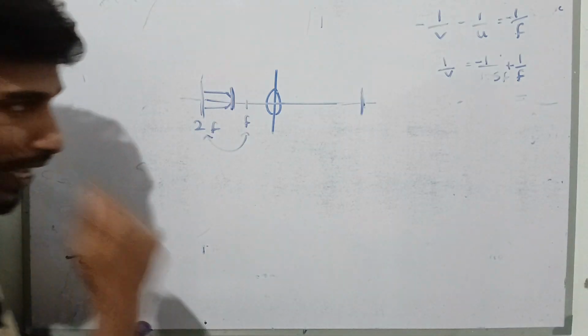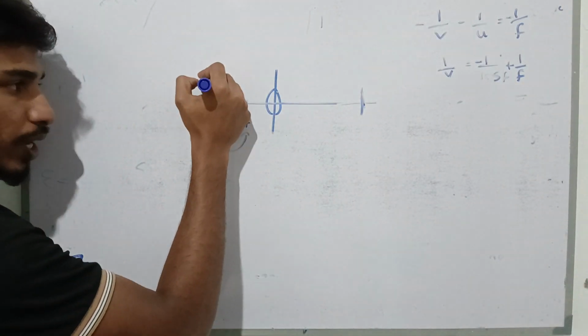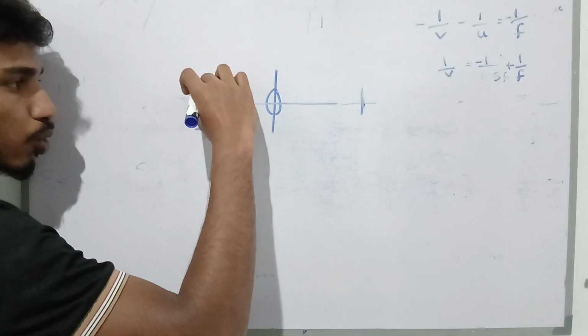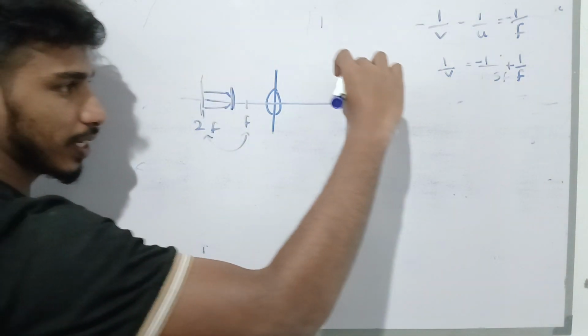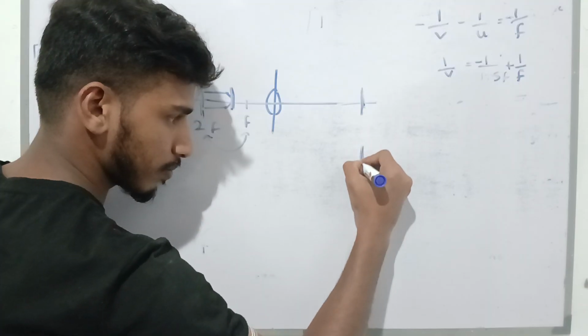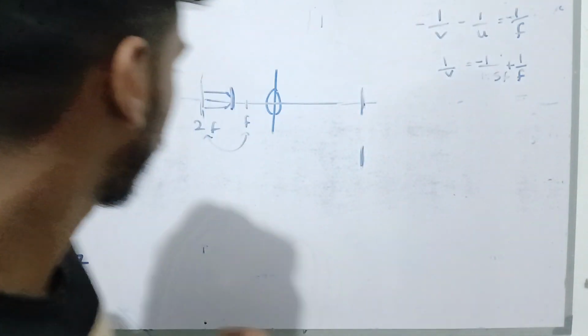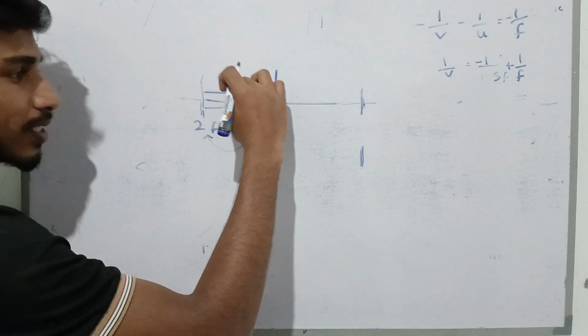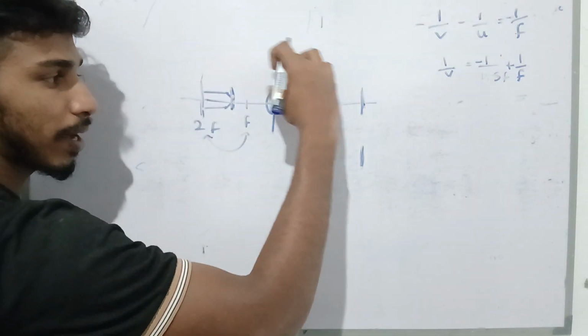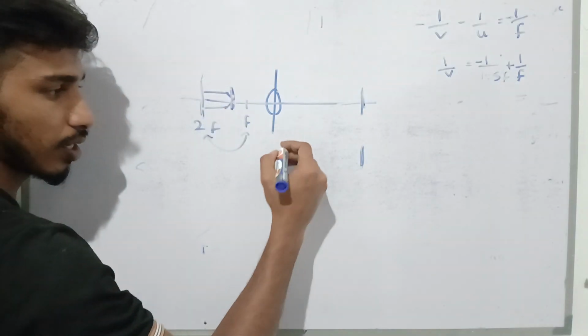So let me draw the diagram, okay. Anyways, you know at 2f, the corner part of the pencil must be present at 2f. So at 2f, I have this part. You should understand, compared to this, this part is smaller. Why? Because this part has a better magnification compared to this.